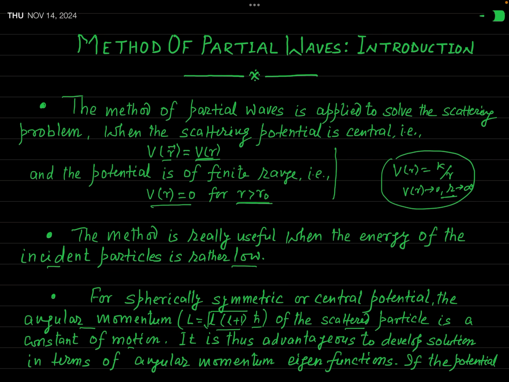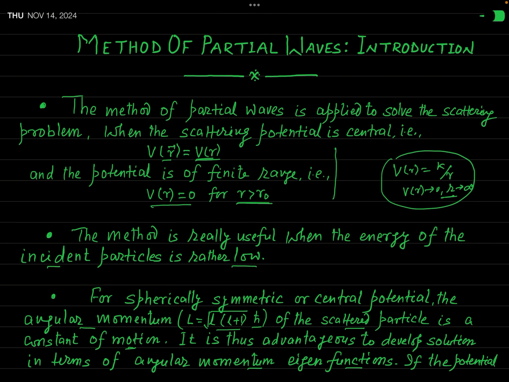Now, since the angular momentum of the scattered particle is a constant of motion when the potential is central, this is very advantageous for developing a solution in terms of angular momentum eigenfunctions.